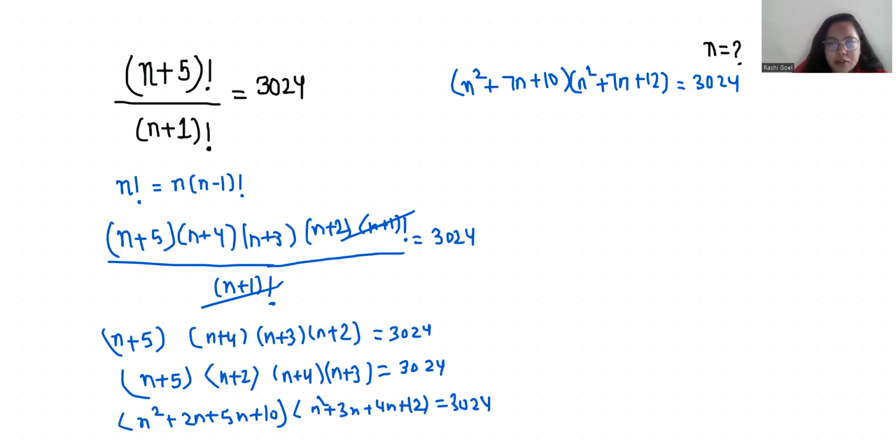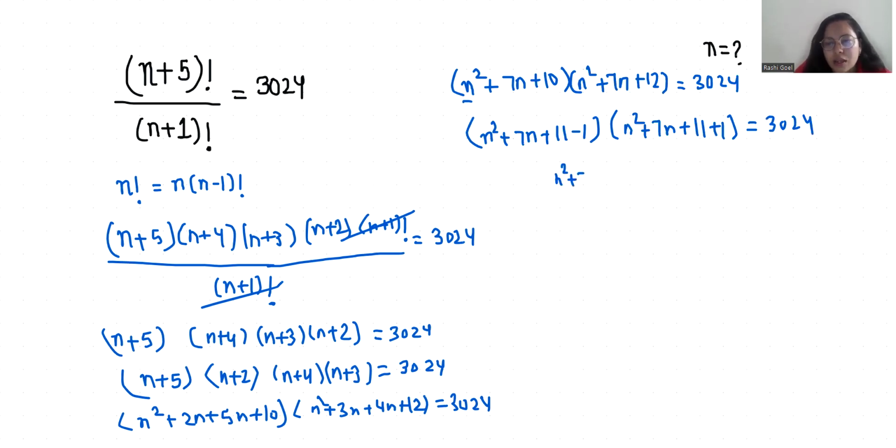Now I am considering this n square plus 7n plus 10 as 11 minus 1 and n square plus 7n plus 12 as 11 plus 1, is equal to 3024. Now let n square plus 7n plus 11 be a and 1 be b.